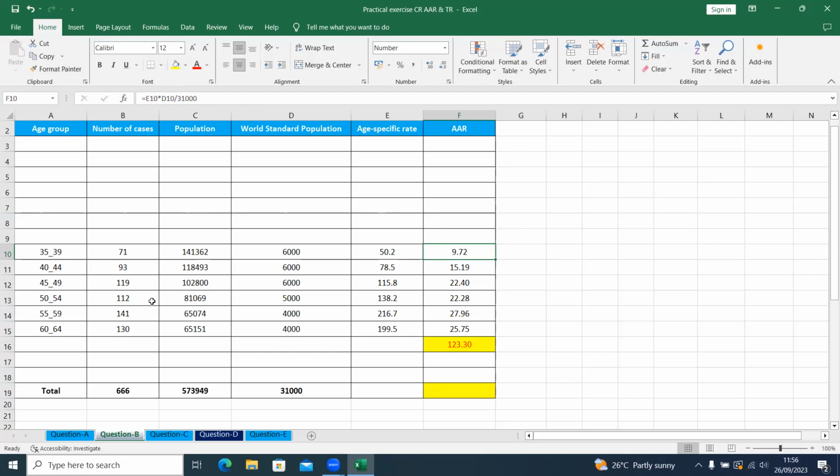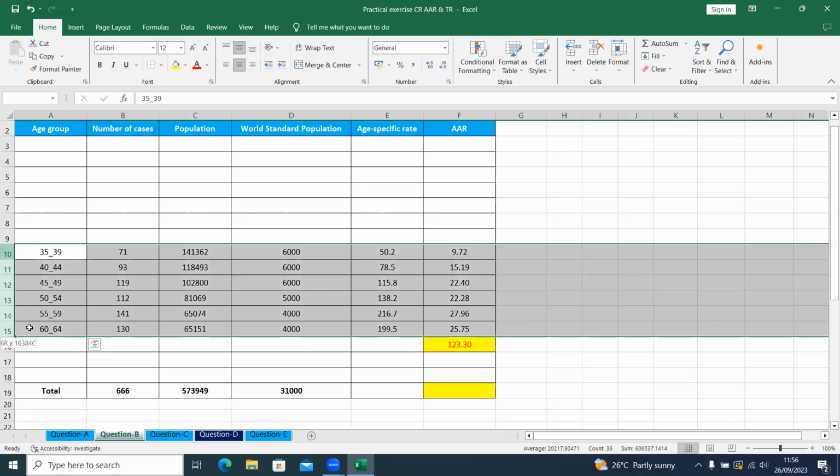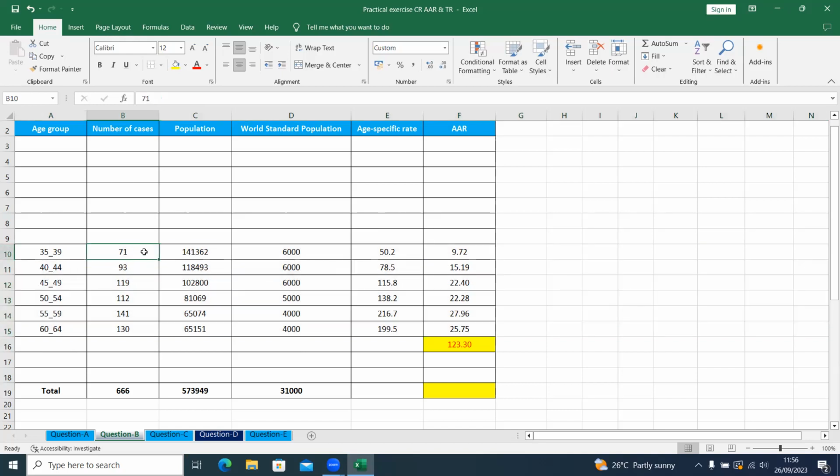Okay, I will repeat again. To calculate the truncated rate, we will use the age group from 35 to 39 till the age group 60 to 64. For this age group, we will use the truncated rate. So we have the number of cases, the population in that particular age group, as well as the world standard population.